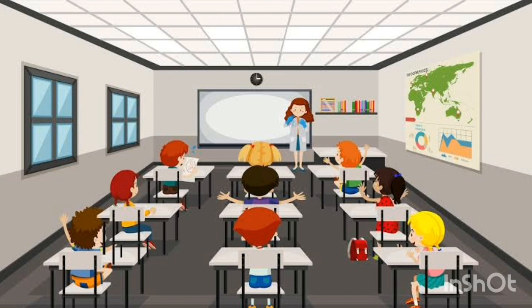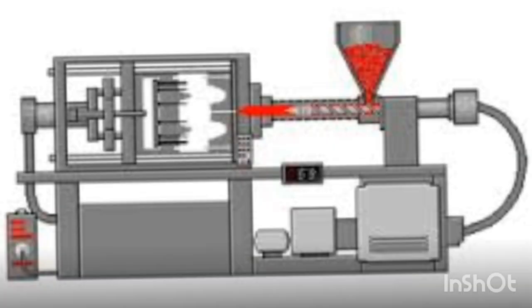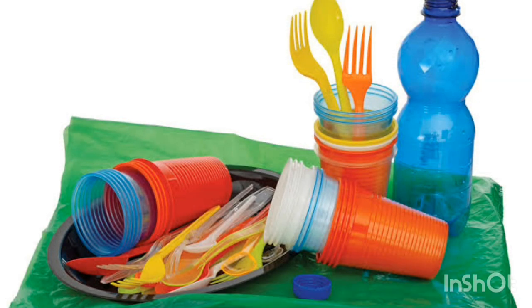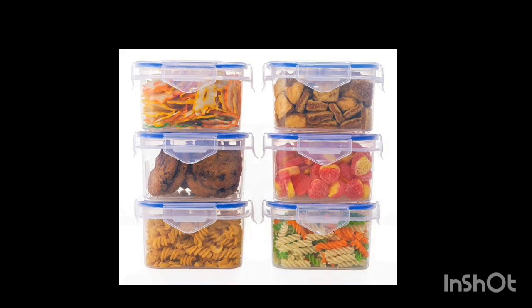See children, normally plastics can be easily molded into any shapes on heating. So they are used for making a variety of objects of different shapes and sizes. Now, it is not reacting with air, moisture and chemicals.